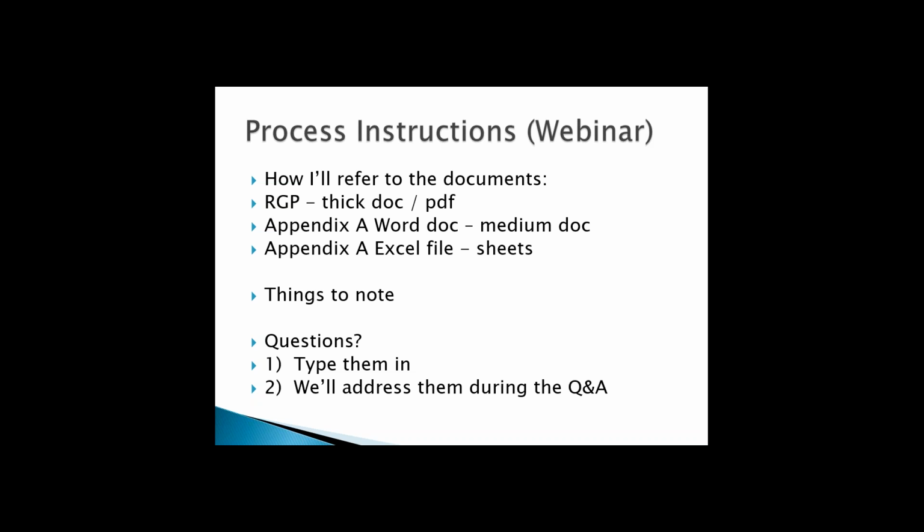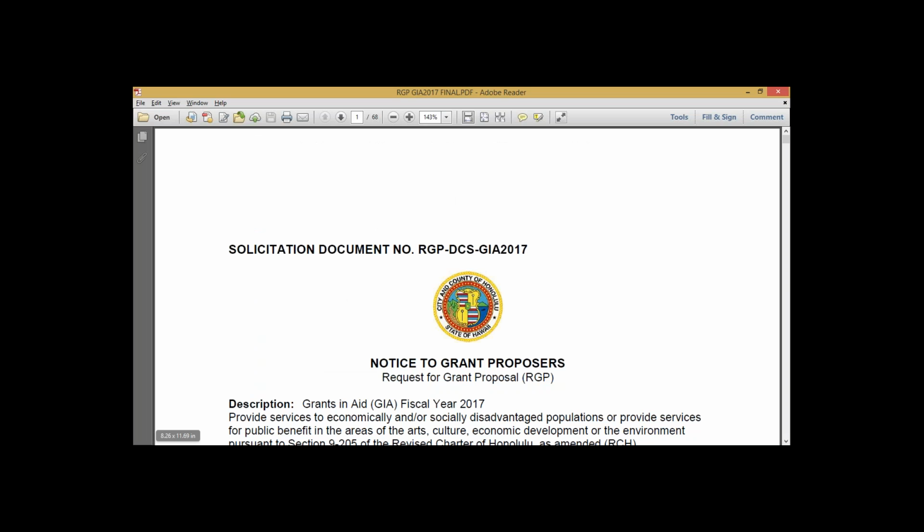Okay, let's stop here for a little bit and talk about the process instructions. The first thing I want to do is give you an overview of what I'll be calling different things. And I'll also show you the documents as I refer to them. So the first document I'll call the RGP, either the thick document or the PDF, and it looks like this.